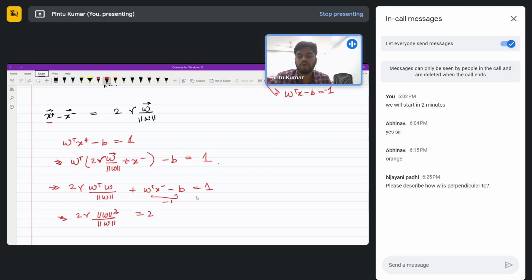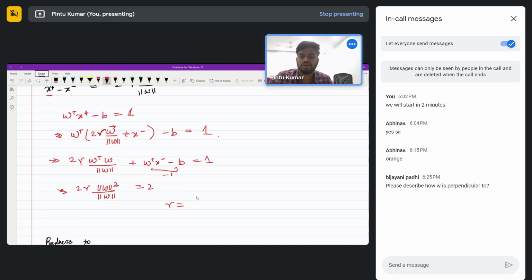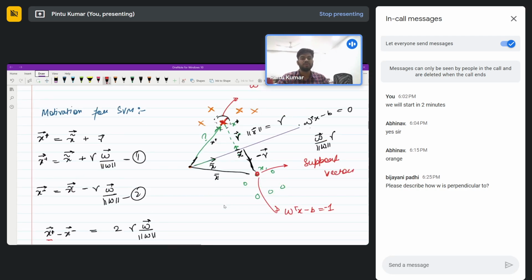So you obtain your gamma to be 1 upon norm of W.